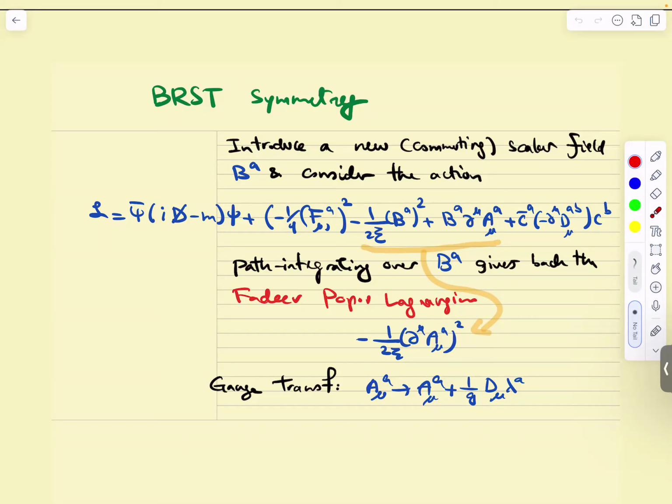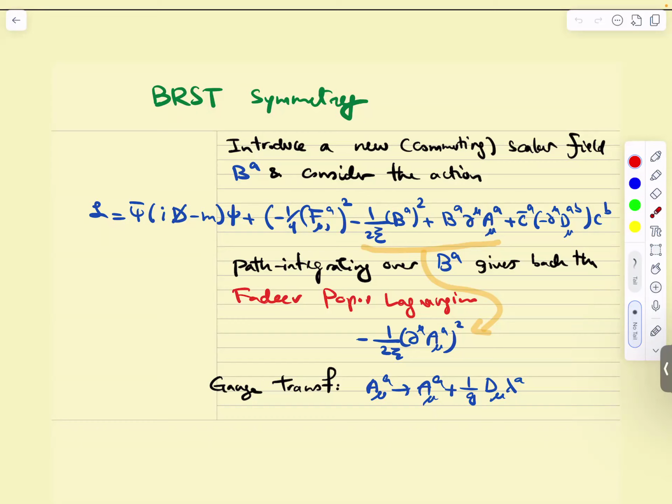So it's a symmetry transformation that transforms bosons to fermions. In particular, what is the fermion that you have here? The fermion that you have is the ghost. So we'll go through that step by step.